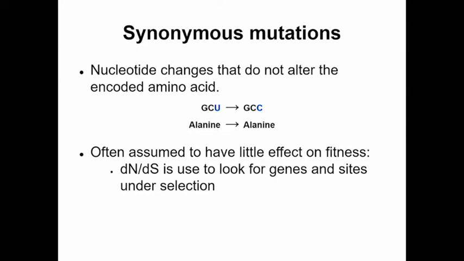One key thing that comes from these assumptions is tests where we use the ratio of the rate of non-synonymous mutations to the rate of synonymous mutations, to scan across genes and sites to look for places where that ratio is skewed, outside of what we might expect, giving us an indication that those sites or genes may be under selection.